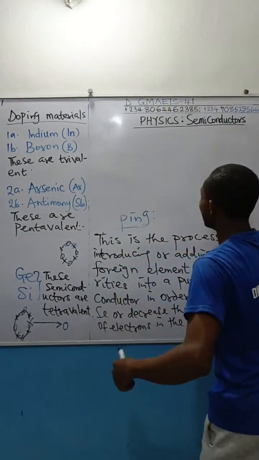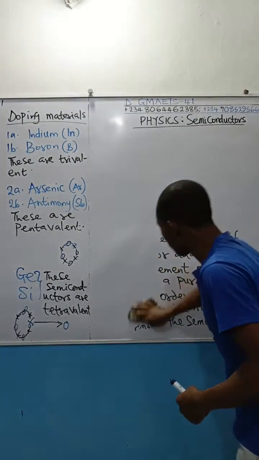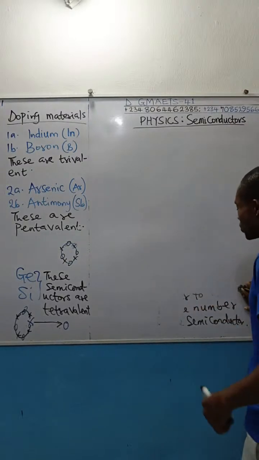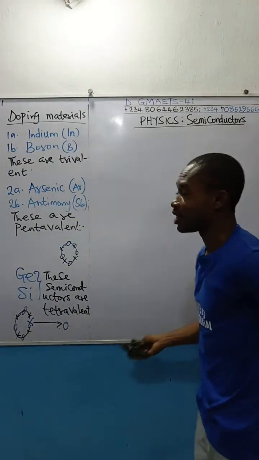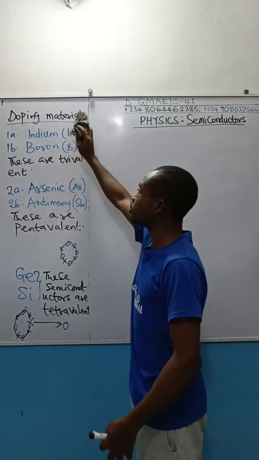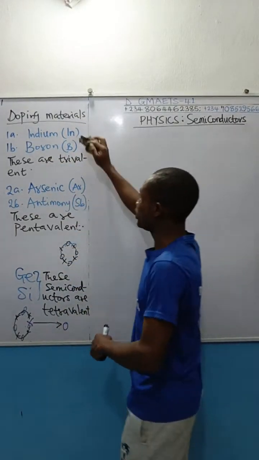We are done with the concept of types of semiconductors, where we have P-type and N-type. We've explained how the doping process leads to the formation of P and N-type semiconductors. I've told you the importance of memorizing these doping materials. Indium and boron are trivalent and produce P-type.